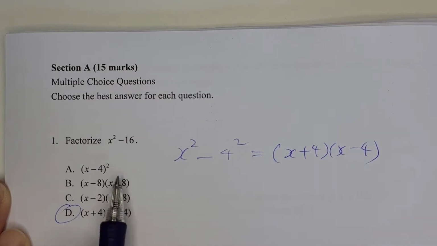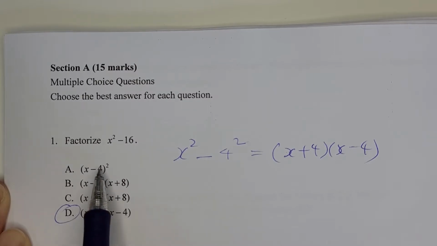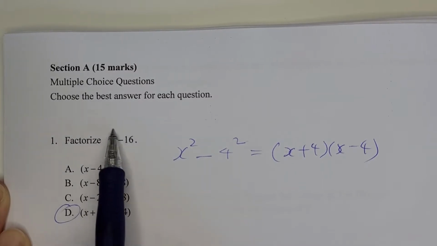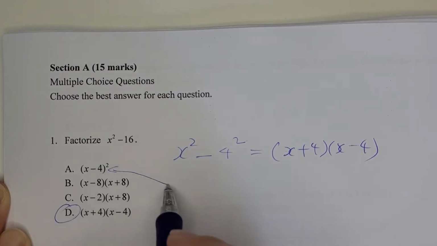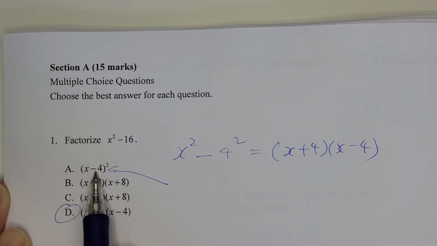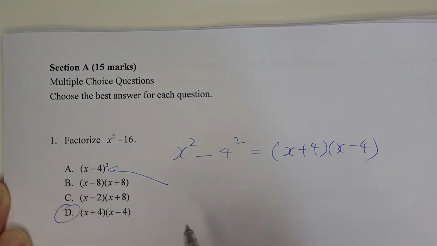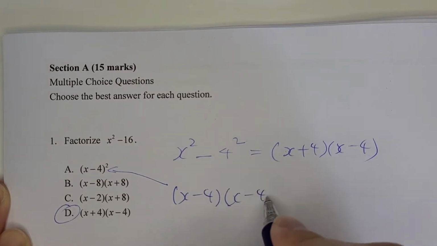But of course, if you don't know how to factorize this, you can do the expansion and see which option will equal the question. Some of you may mix up this one with D. (x minus 4) squared means x minus 4 times x minus 4.